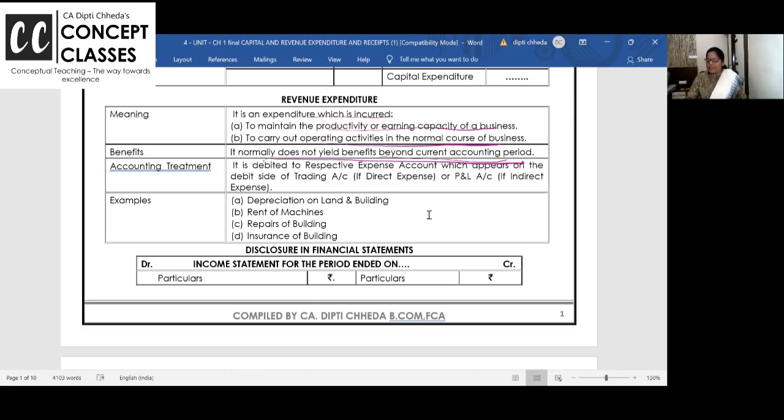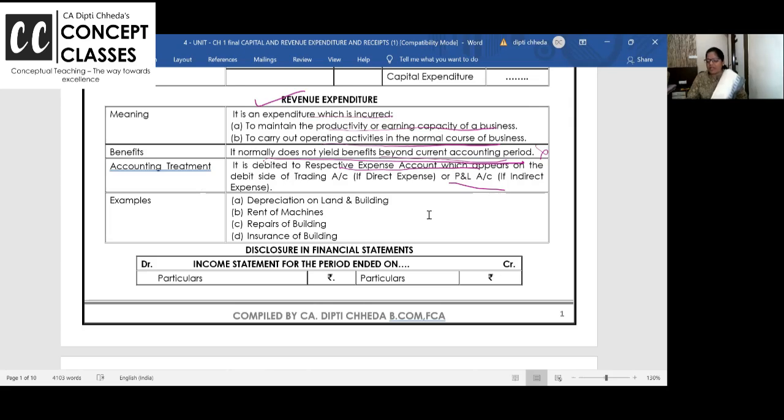Sorry, I want to repeat this point, I said it wrong. The benefit of this expenditure, revenue expenditure, is within the same year. And this will go in the respective expense account, and from the expense account at the end of the year, it is transferred to the P&L account. So it will get closed in the net profit.